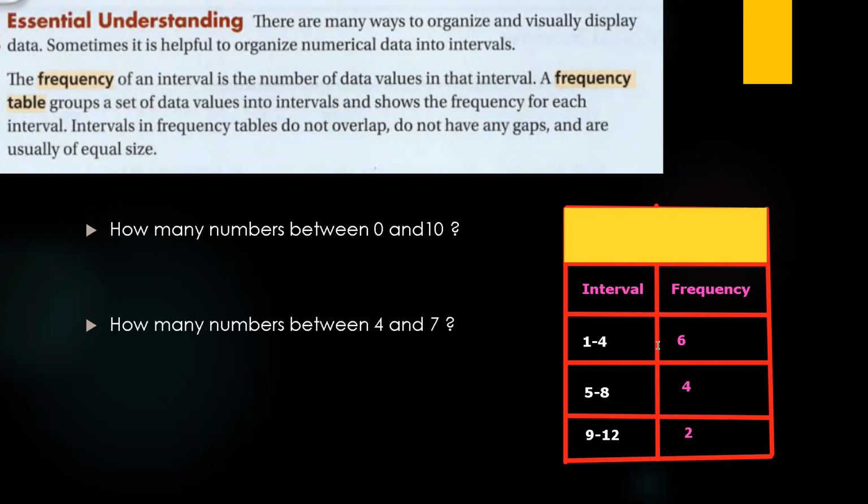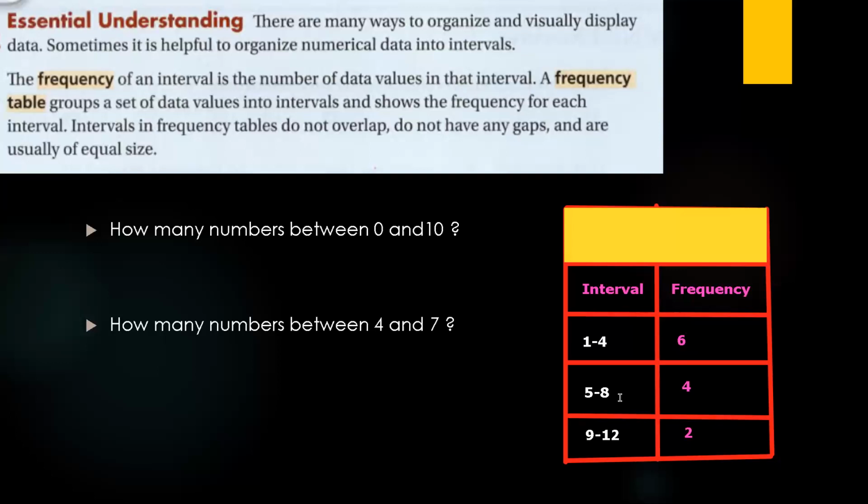Now, the intervals in the frequency table, 1 to 4, 5 to 8, and 9 to 12, we call them intervals. The intervals do not overlap. I will tell you later on how to make the intervals, but they will not overlap. I will not write from 1 to 4, then from 3 to 8. They do not have gaps, and they usually have equal size.